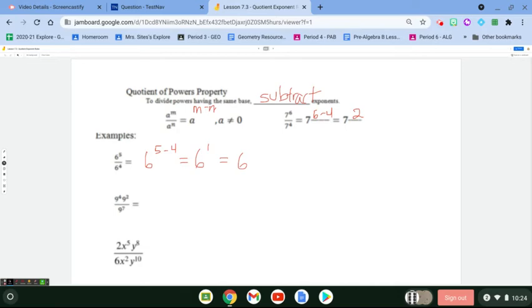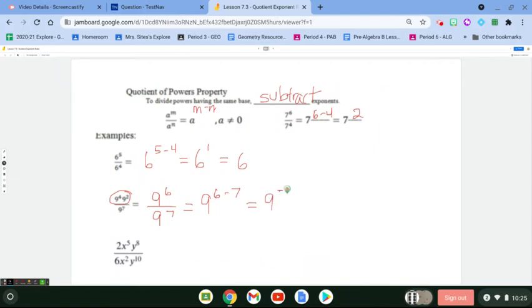If I look at my rules from before, I know that I would have a total of 9 to the 6th power, right? Because I would keep my base and add my exponents, over 9 to the 7th power. So the rule says keep my base, subtract my exponents. So 6 minus 7 is going to give me negative 1.